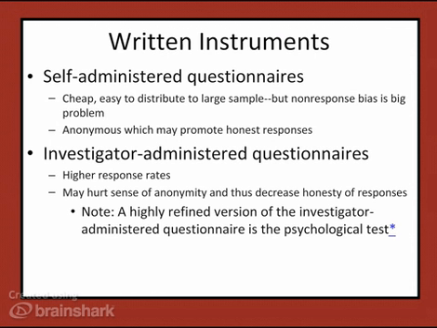They're anonymous, which can promote honest responses. So these are considerations. However, investigator-administered questionnaires usually have a higher response rate because there's a vested interest and a personal interchange there. But you may trade off a sense of anonymity and decrease the quality of the responses that you get. So you really have to consider both sides.